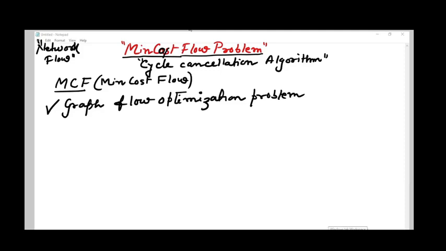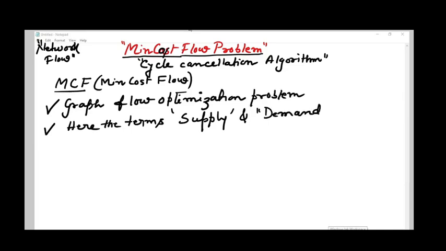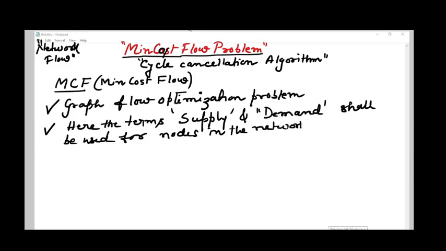Second thing, the terms supply and demand shall be used for nodes in the network. Supply and demand.